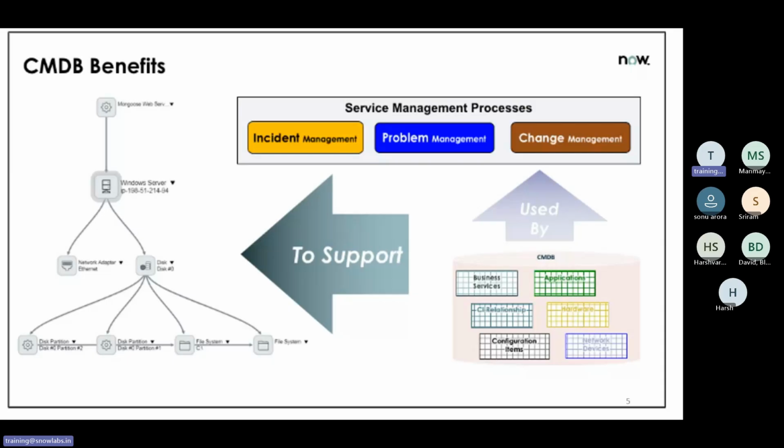ServiceNow is not a monitoring tool, it is a management tool. That is the first thing. Secondly, monitoring tool agents are checking any type of changes immediately. But ServiceNow generally runs the discovery on a weekly basis.